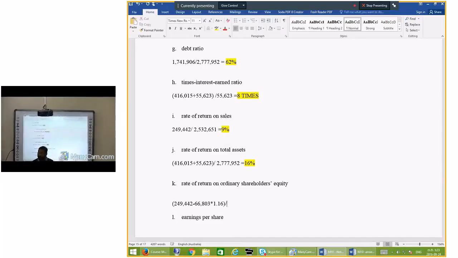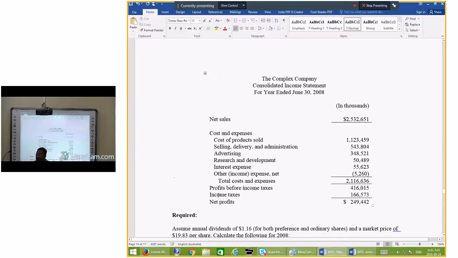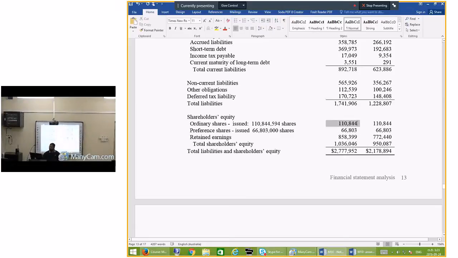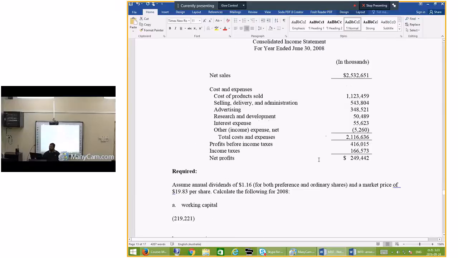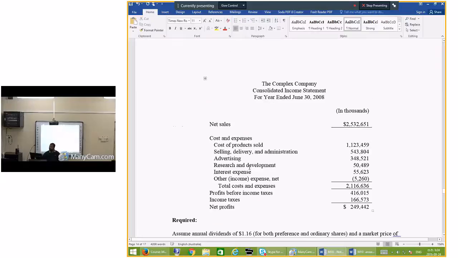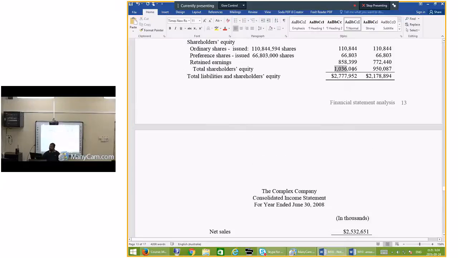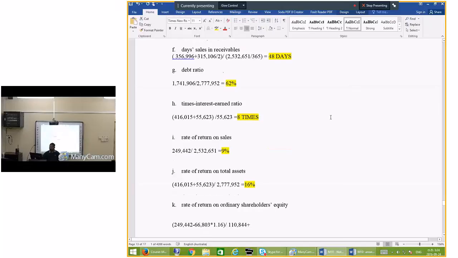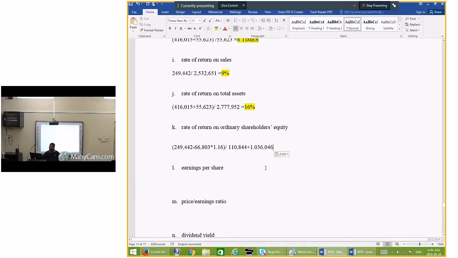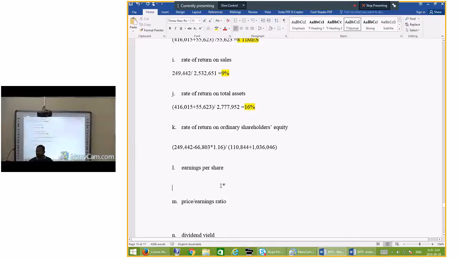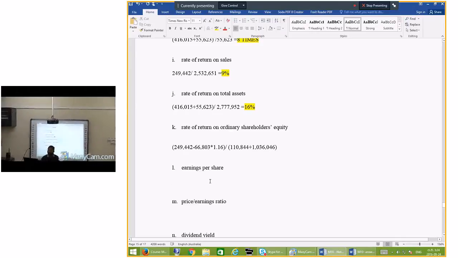Divided by ordinary shareholders' equity. And then 10,844, not only that, plus retained earnings. Then how much is the rate of return on ordinary shares equity?